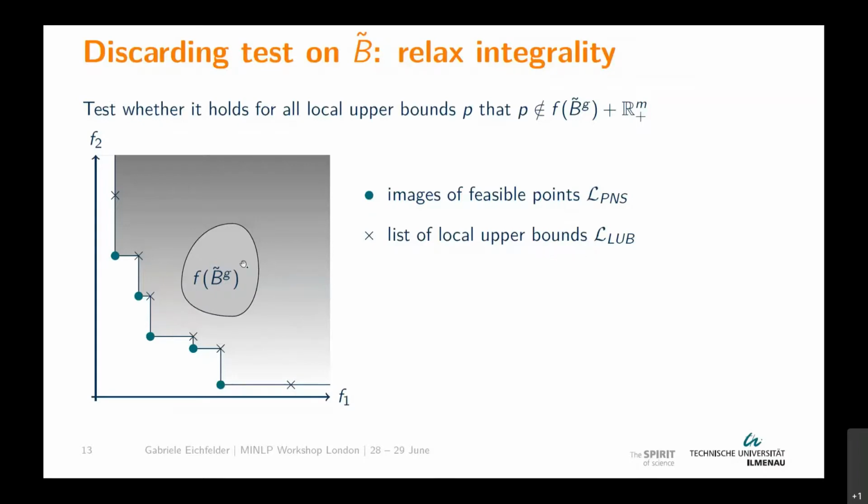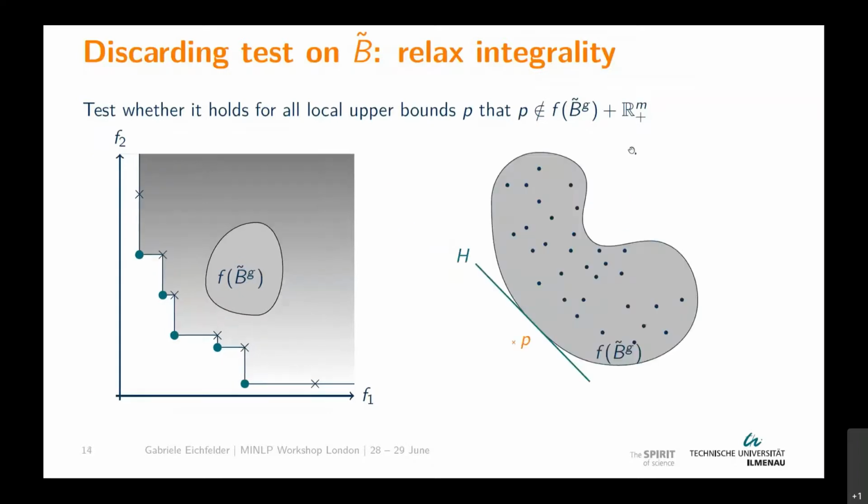And then we will do some relaxations, like you can already see here. We ignore the integrality constraint, and we will check if this relaxed set is contained in the gray part or not. And for doing that, we will have to check if the local upper bounds are contained in this relaxed set plus the ordering cone or not. And then it can look like this situation here. So we have ignored the integrality constraint.